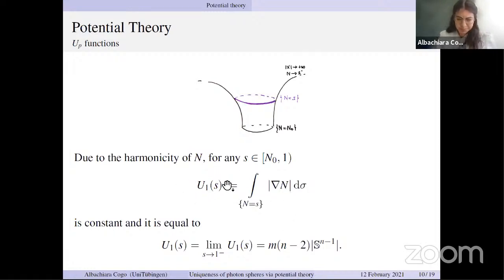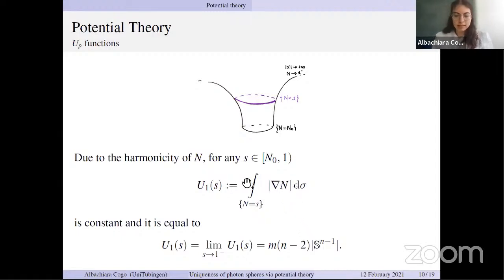Okay, so in this setup, Agostiniani and Mazzieri in their potential theory papers started from this function u1, which is a function of s that goes from n0 to 1 and identifies the level sets of n across our Riemannian manifold (M, g), and it's given by the integral over a level set of the norm of the gradient of n.